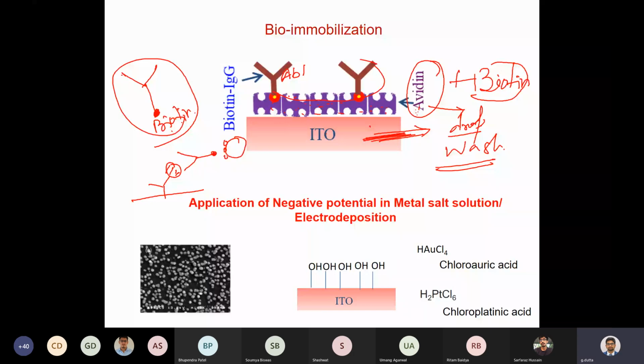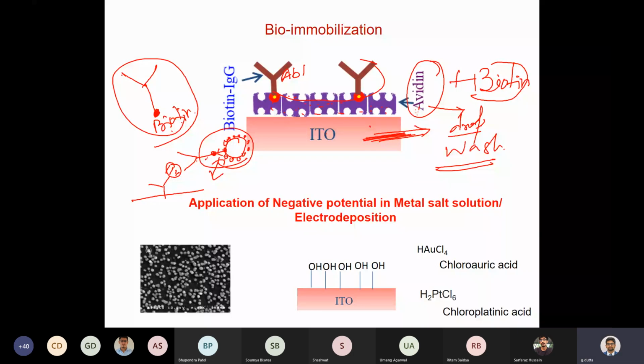So your secondary antibody can bind with the gold nanoparticle with the help of this avidin biotin conjugation. Basically, this is the kind of technique I am teaching you. You can apply it for the primary case or the secondary case.